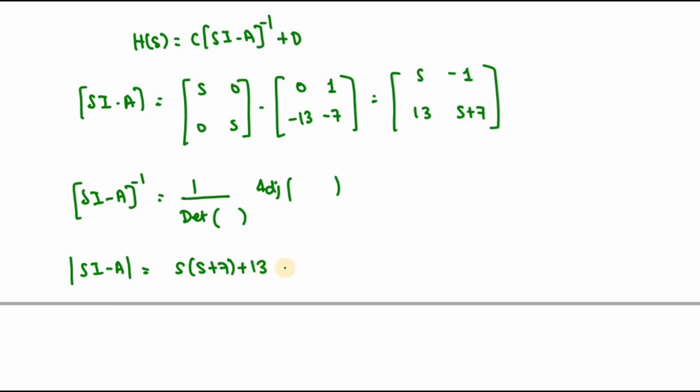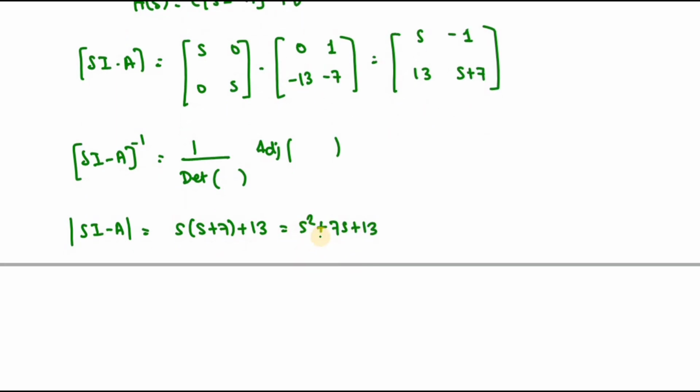So here I have already found the determinant. Next step, you need to find the adjoint of sI minus A. To find that, first you have to take the cofactor.